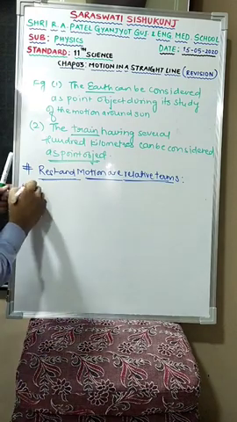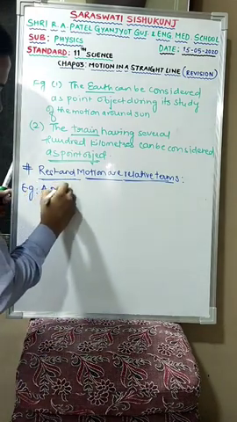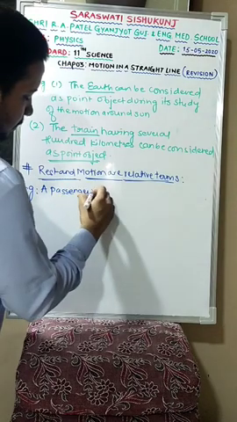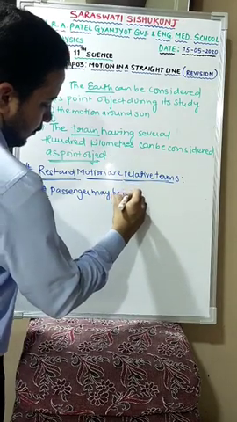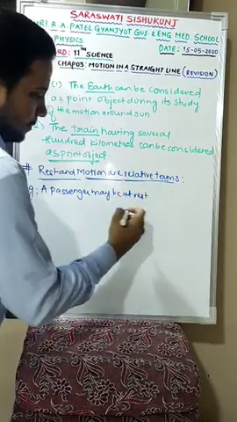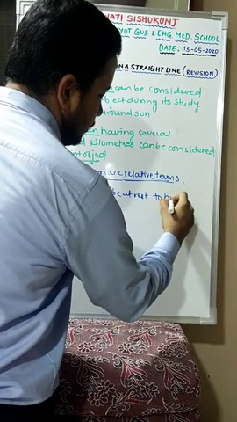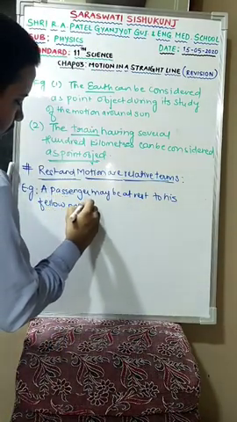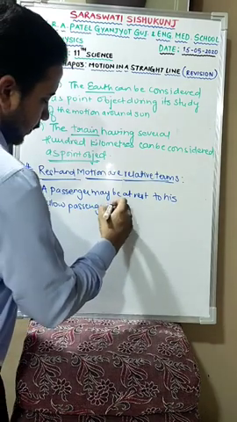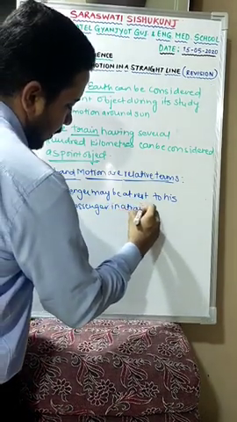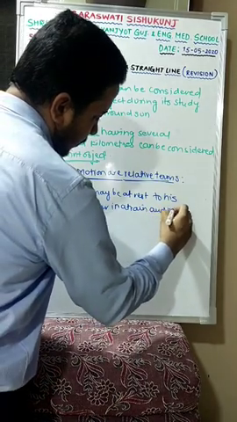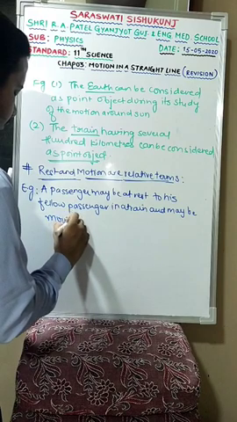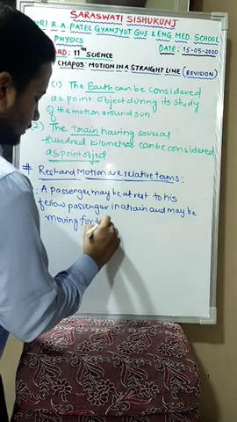I can give you one straightforward example. A passenger may be at rest with respect to his fellow passenger sitting in a train and may be moving for the objects outside the train.